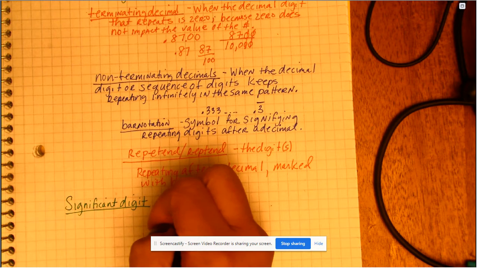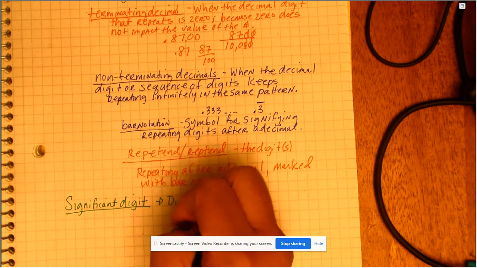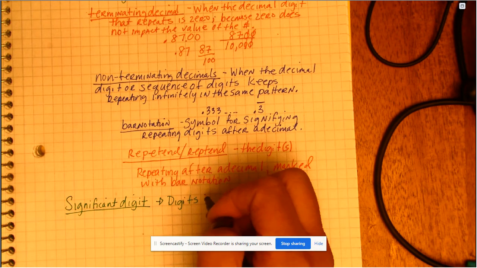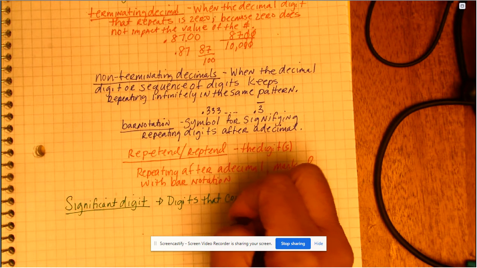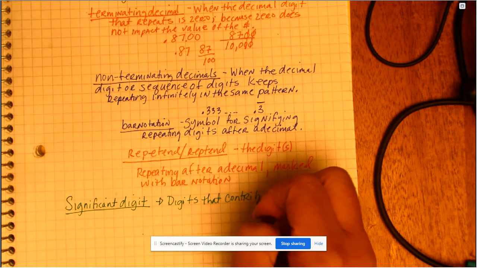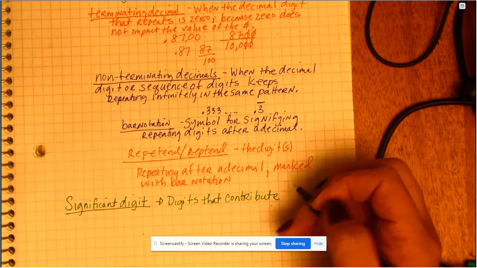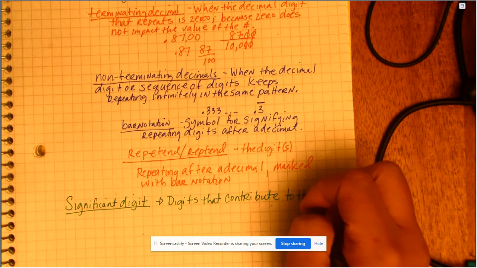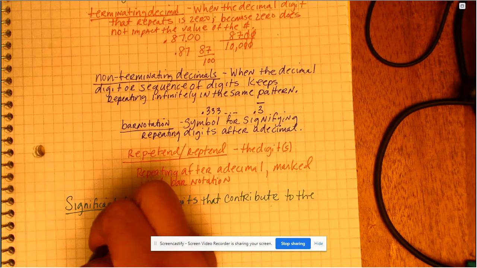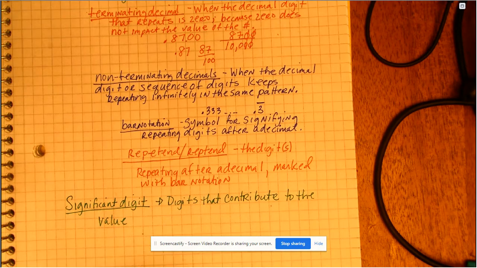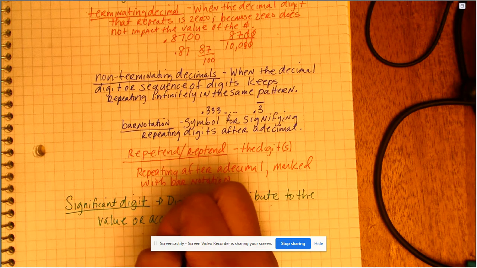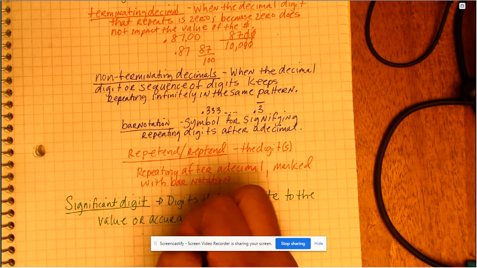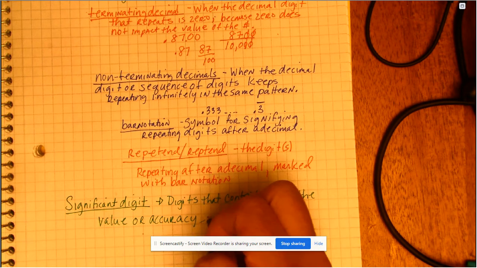So significant digit or digits are digits, meaning numbers, that contribute to the value or accuracy of the number.